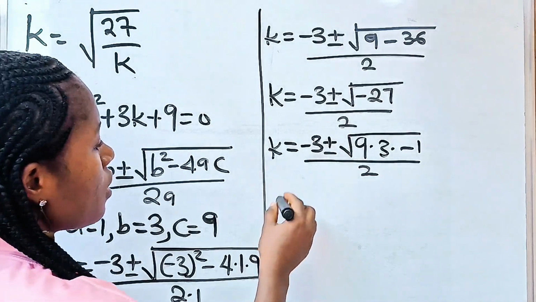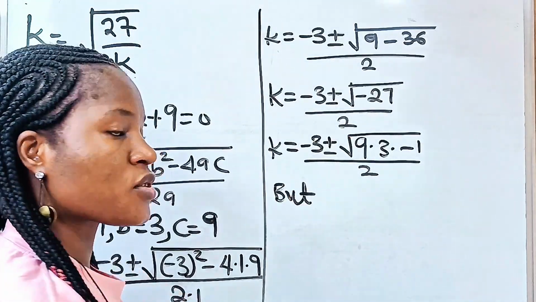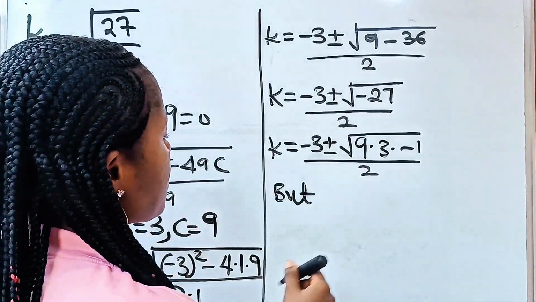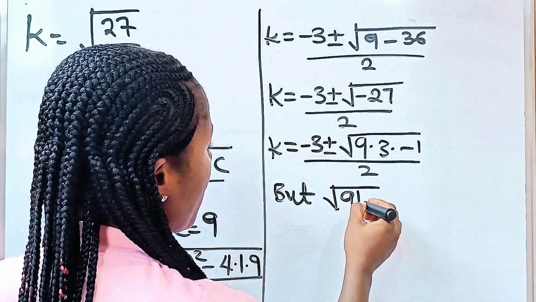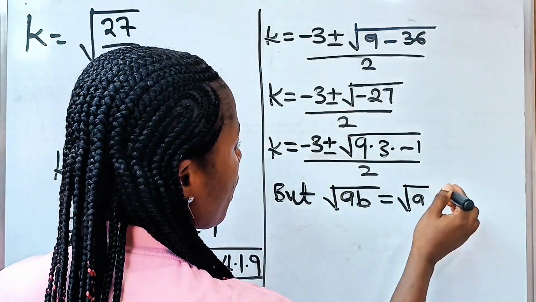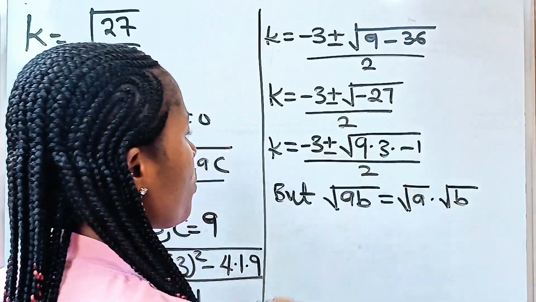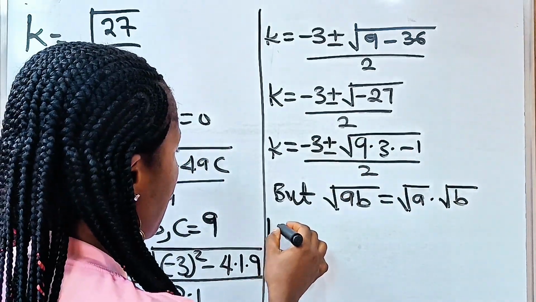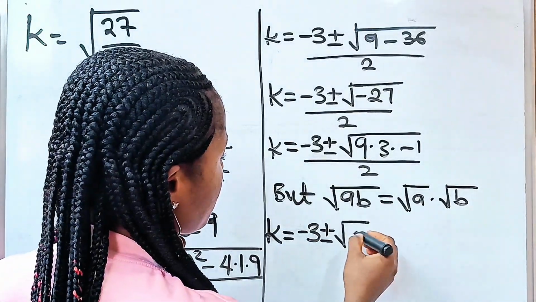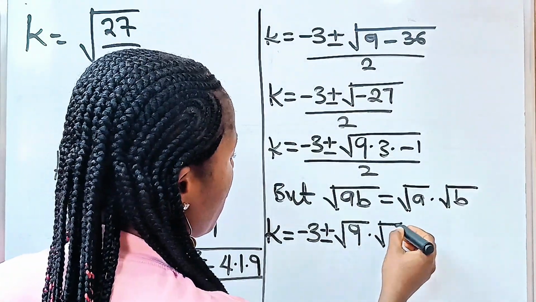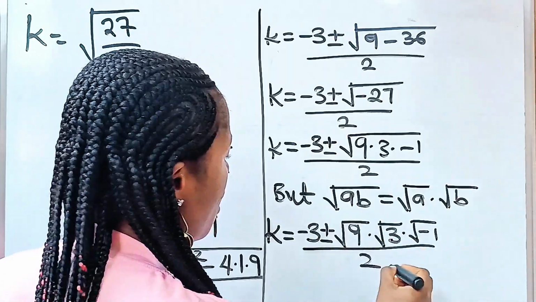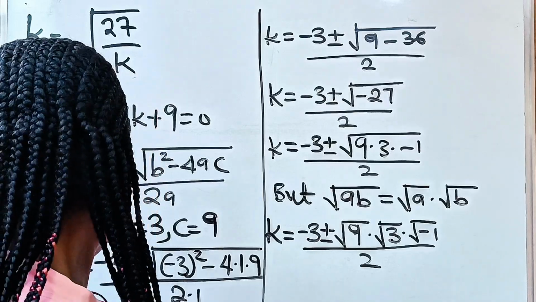But let us recall this law of surds, or this radical law, that states that the square root of a multiplied by b is equal to the square root of a multiplied by the square root of b. Therefore, we'll write k is equal to minus 3 plus or minus the square root of 9 multiplied by the square root of 3 multiplied by the square root of minus 1, everything divided by 2.